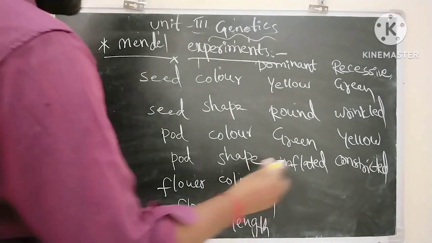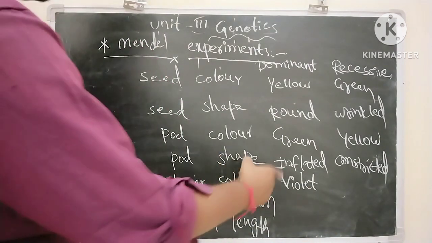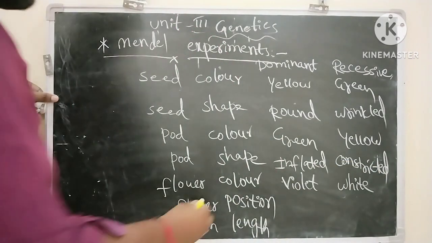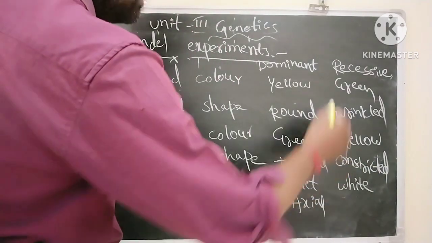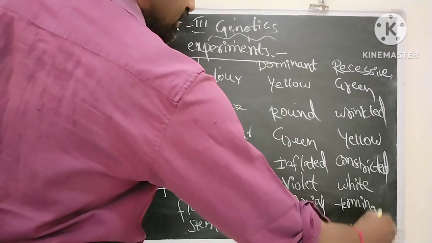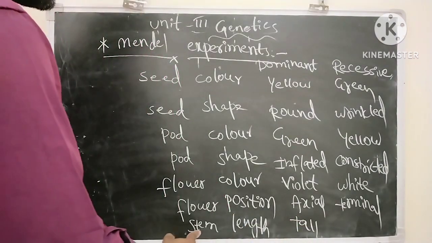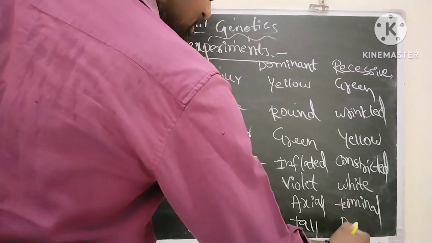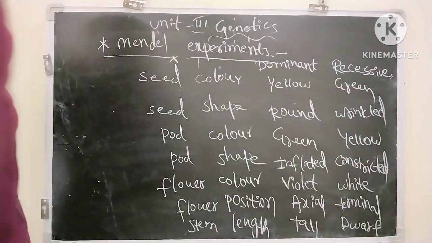Flower color, violet is dominant whereas white is recessive. Flower position, axial is the dominant trait and terminal is recessive. And finally stem length, tall is dominant and dwarf is recessive.